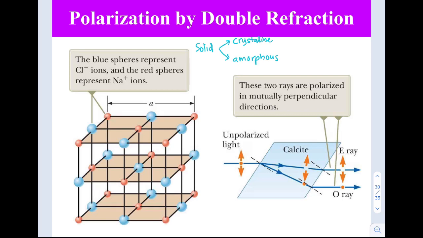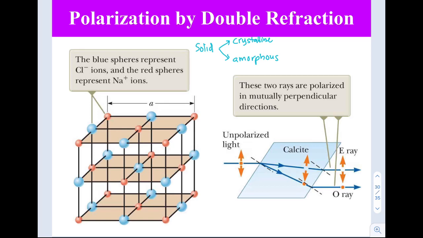What is the difference between these two? For crystalline, we have a pattern of arrangement, for example, chlorine and sodium arranged properly.